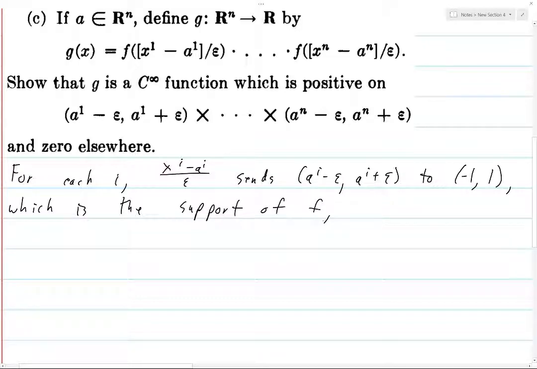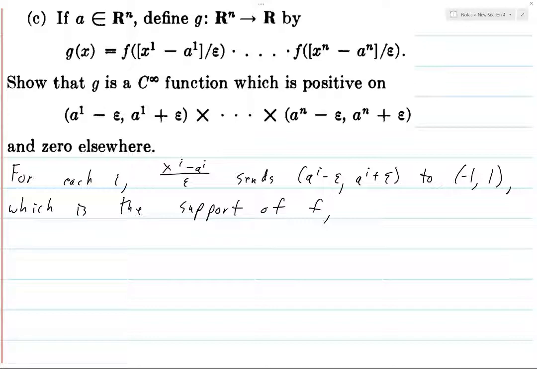Again, when I say the support of f, I defined that in the previous part. Again, it's just f is 0 outside of the open interval from -1 to 1, and f is positive on the open interval from -1 to 1. But here's where we're really starting to get into these functions really being a problem.